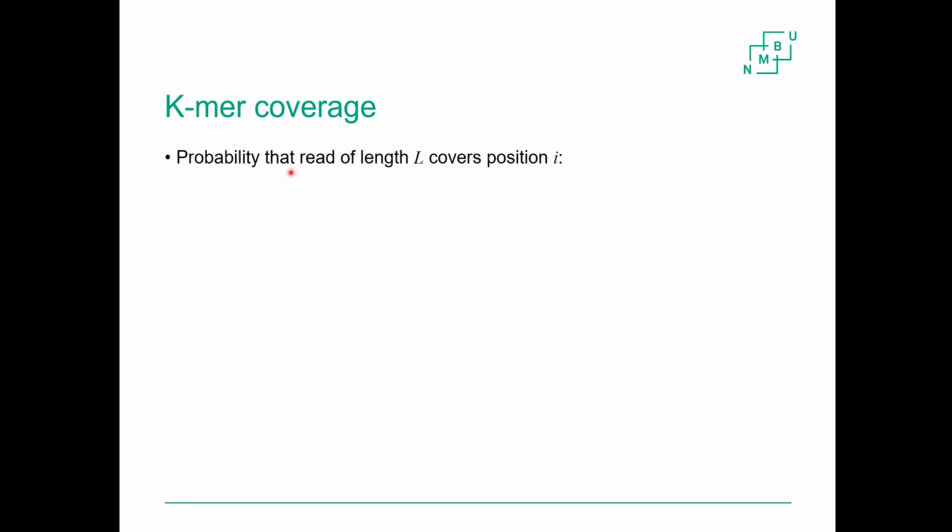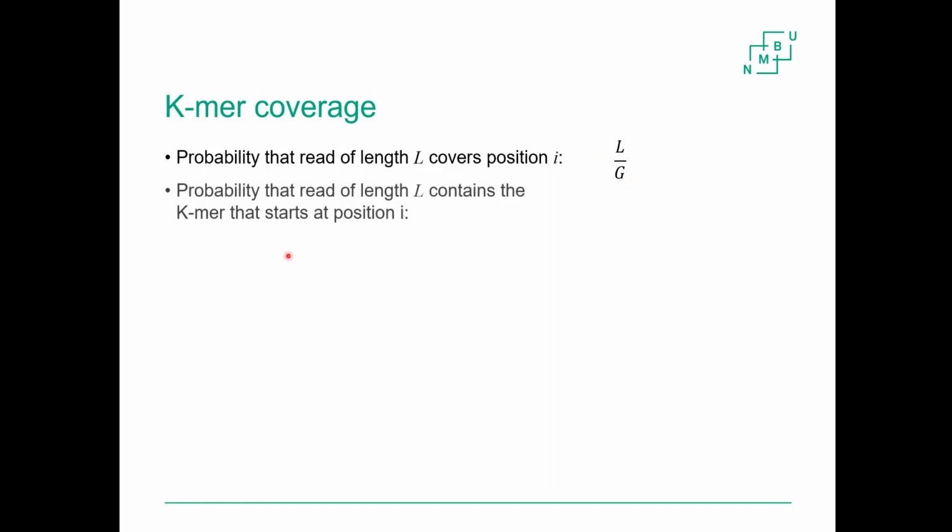So the probability that a read of length L covers position I, this we saw earlier, is exactly this one, right? The total number of pink reads in the previous slide is L. And since this is 1 out of G positions, the probability that any random read will cover this position is L divided by G. So exactly the same reasoning we can now use.